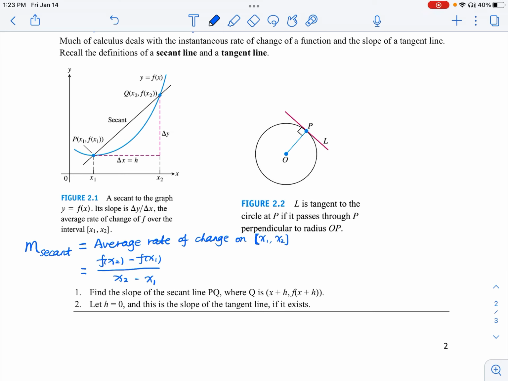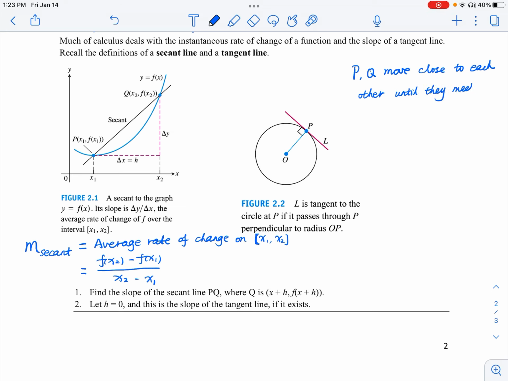However, if P and Q move closer to each other until they meet.